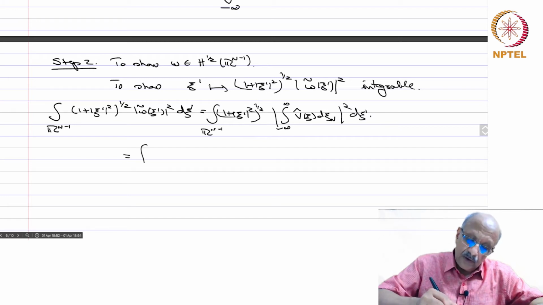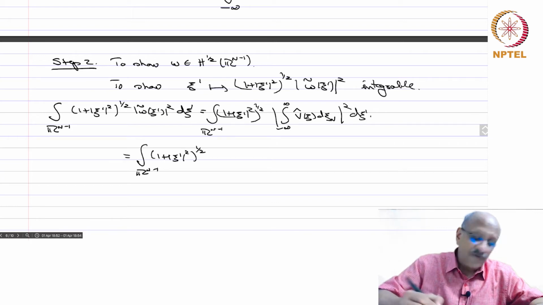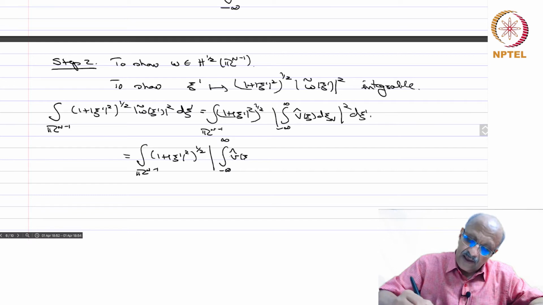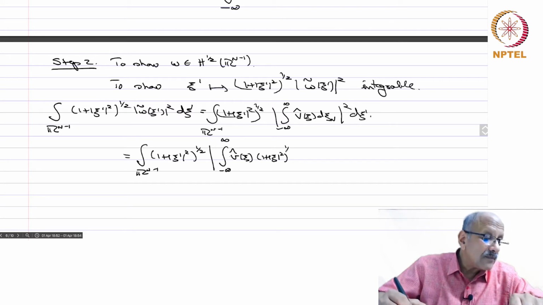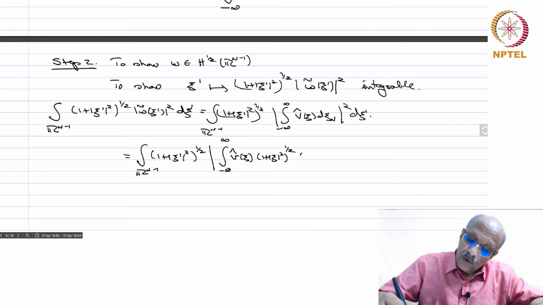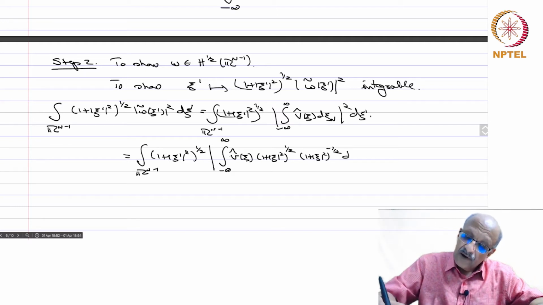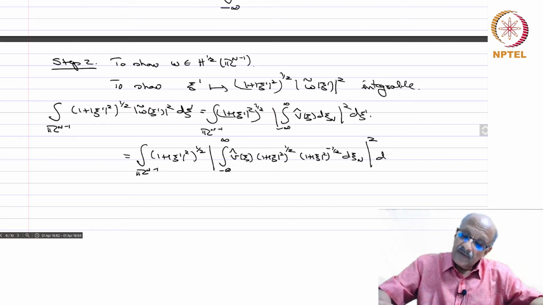That's equal to the integral over Rn minus 1 of 1 plus mod xi dash square power half into modulus of the integral from minus infinity to infinity of V hat xi into 1 plus mod xi square power half into 1 plus mod xi square power minus half d xi n, square, d xi dash.